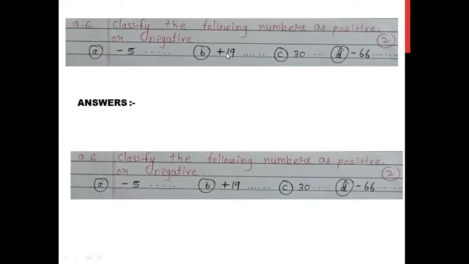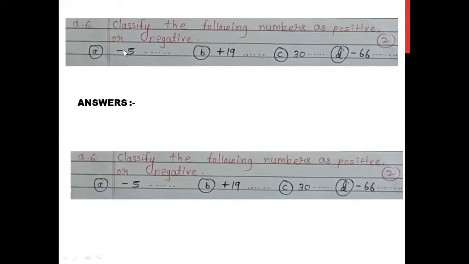But there is no need to show this plus sign on positive numbers. Already we know this is a positive number, but the sign is necessary only for negative numbers, because a negative number should be indicated by this minus sign. Then we can understand this is a negative number.